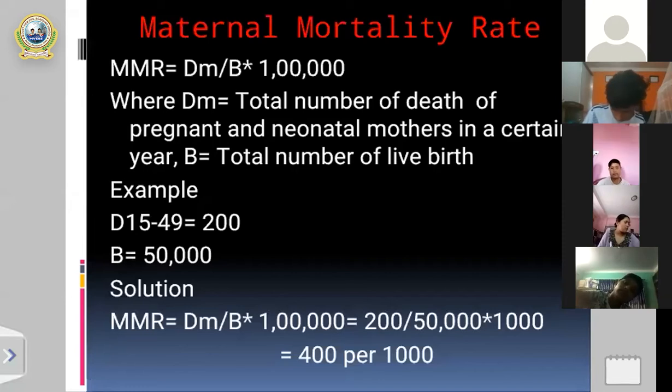And my dear student, you have to remember, just before this MMR, we had discussed 4 ways to calculate mortality rate. The unit was per 1000, but in case of this MMR, the unit is per lakh. So that's why we have to multiply by 1 lakh here. It is multiplied by 1 lakh because MMR is calculated not per 1000, but per lakh.